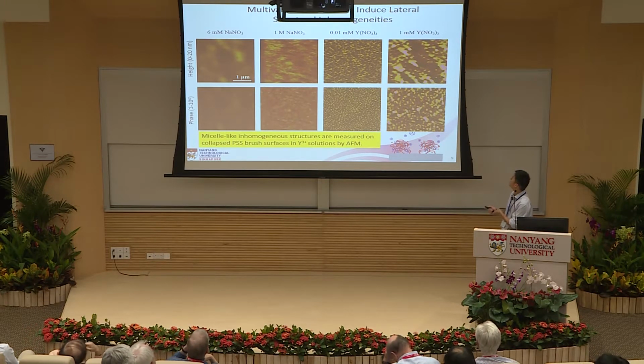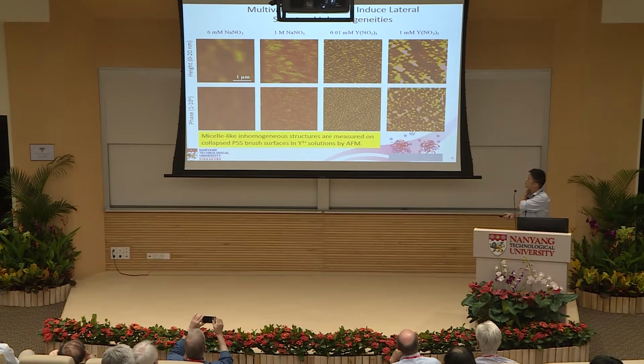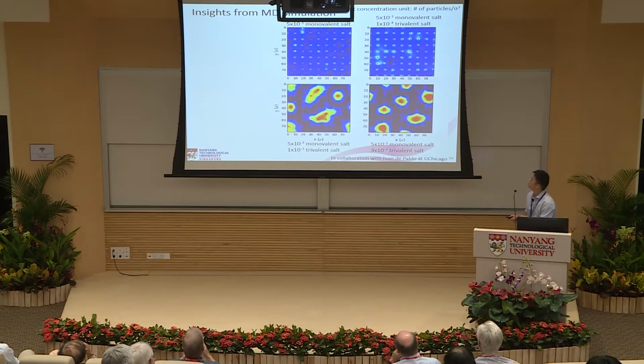With 1 millimolar yttrium, and even 0.1 millimolar yttrium, we measure those micellar-like structures with AFM. So the AFM measurement confirms we have micellar-like structures with the collapsed PSS brushes, although the grafting density is quite high, close to 0.1 chains per square nanometer.